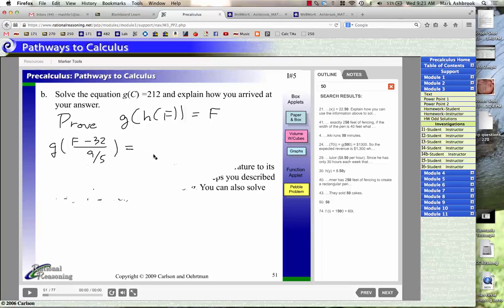Okay, go. Keep going. So I have 9/5 times the quantity F minus 32 divided by 9/5, and plus 32 outside of the quantity.